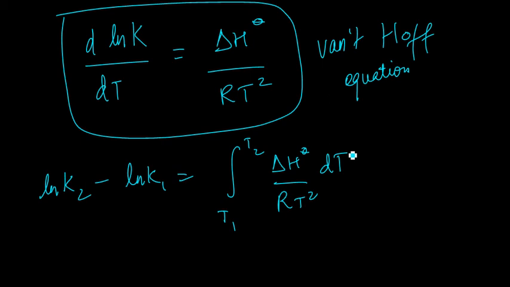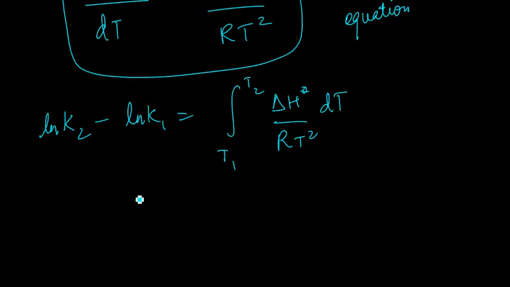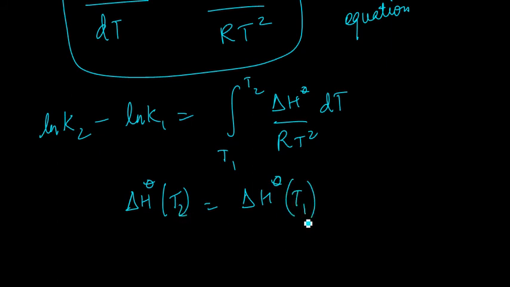If I don't assume that, then I can use delta H at temperature T2 is equal to delta H at temperature T1 plus delta Cp times T2 minus T1. I can use that, but most of the times I don't need to, since I can assume delta H to be constant.